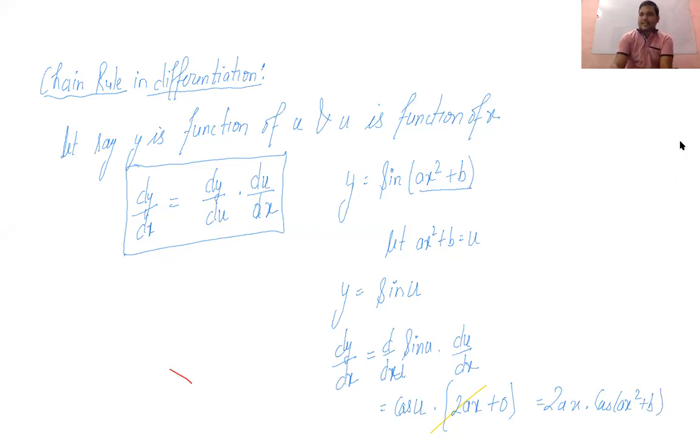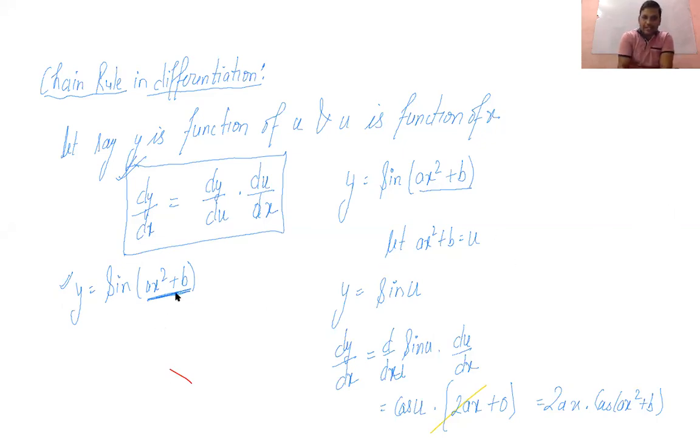So let's understand once again. Suppose you have been given any function y, and it is dependent on u. Let's say I have given this one, sine of ax square plus b. Now you can see y is dependent on ax square plus b, and if I am asking to find the differentiation of this function with respect to x, you have to assume this inner function as u, because you people studied sine theta or cos theta.